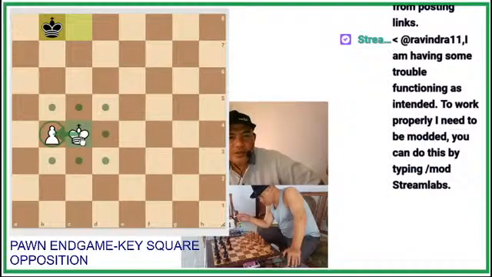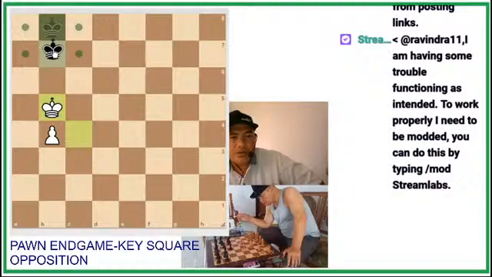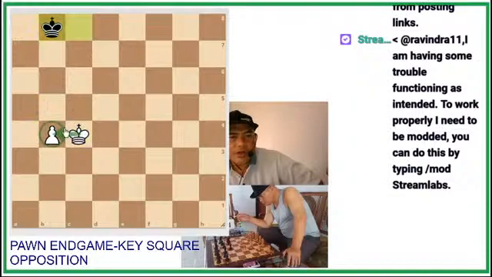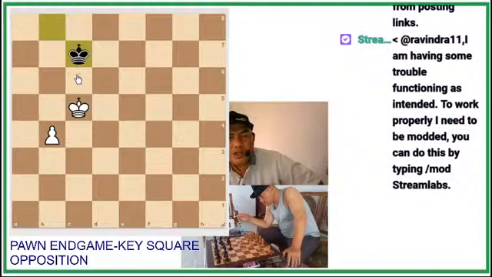So when white moves here, then black will have the opposition or move here. If white goes to c5, then black goes to c7, and has the opposition. And then this is a draw.